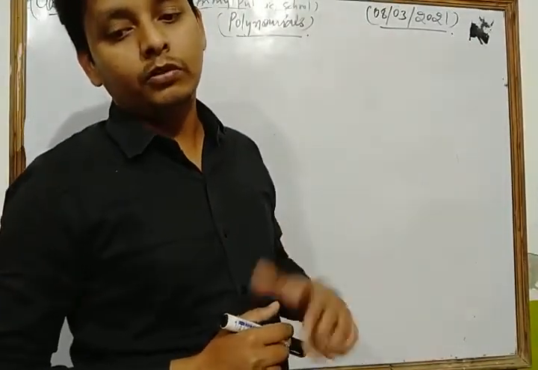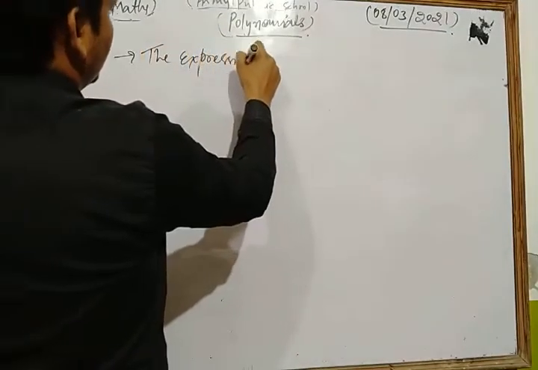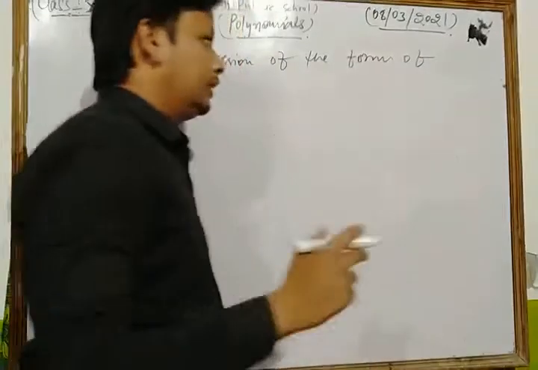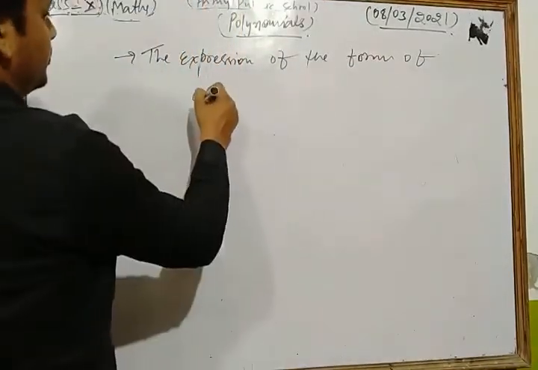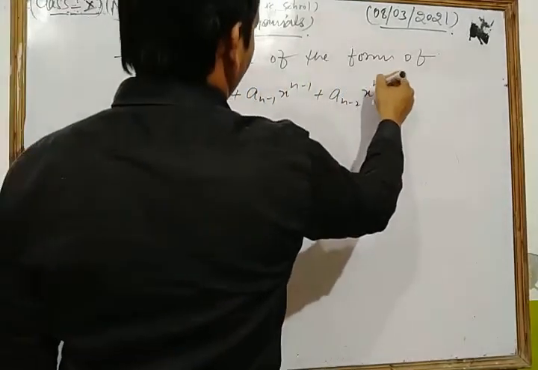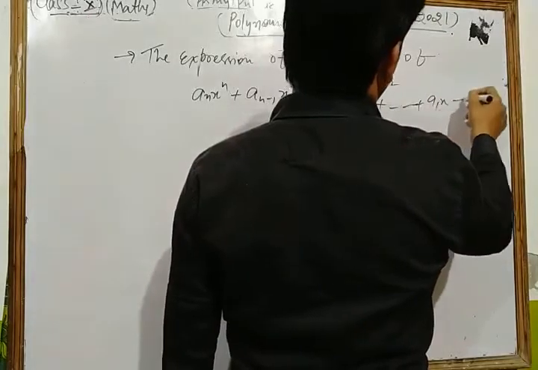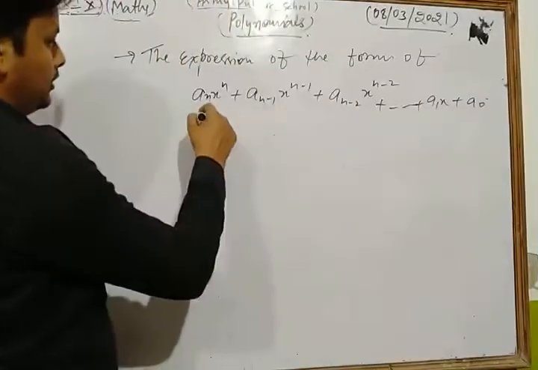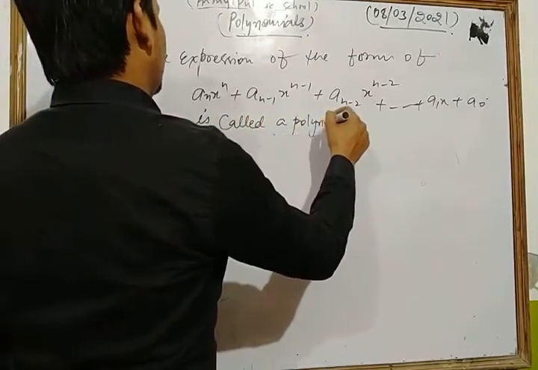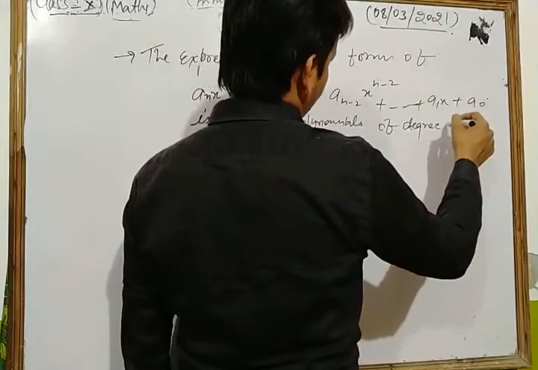What is the concept of polynomial? Dear student, the expression of the form a_n x^n plus a_(n-1) x^(n-1) plus a_(n-2) x^(n-2), and so on, plus a_1 x plus a_0 is called a polynomial of degree n.